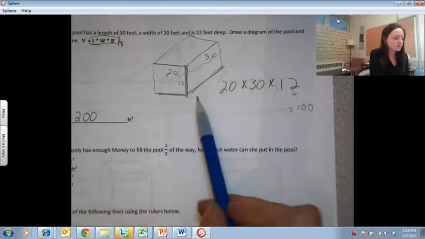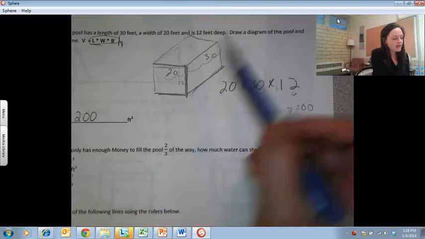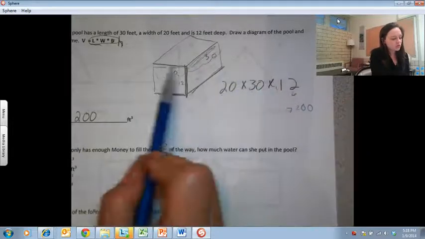That's the volume if I filled the pool all the way to the top.